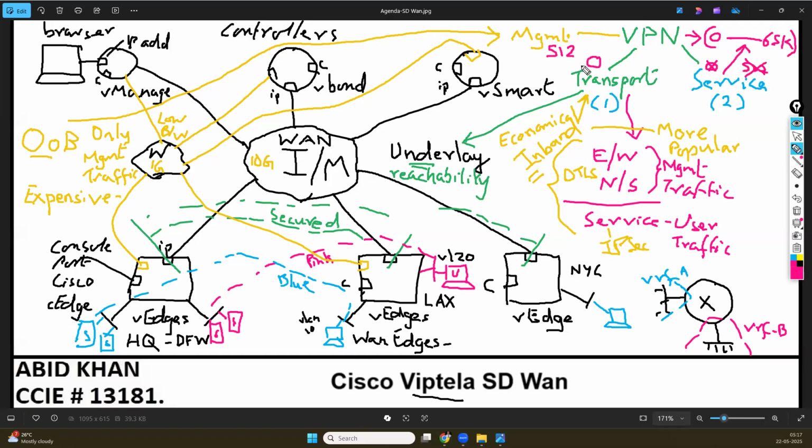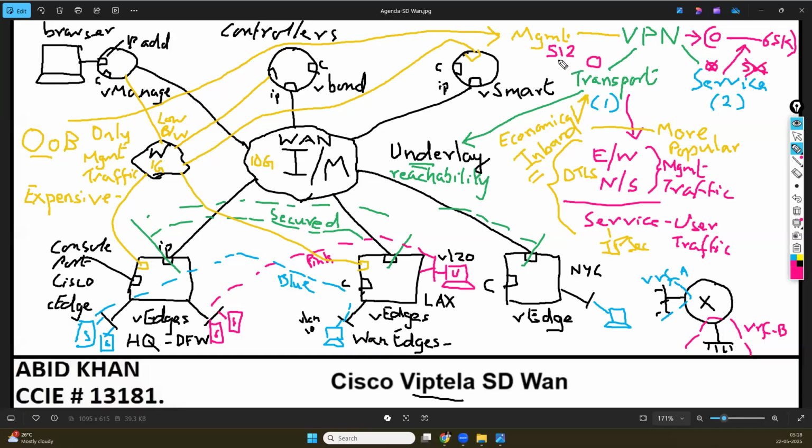So we have a choice. 0 and 512 are reserved for transport VPN and management VPN. Organizations have to decide. If out-of-band management is there, which number do they want to use, 512 or 0?